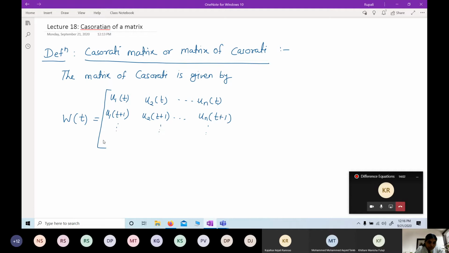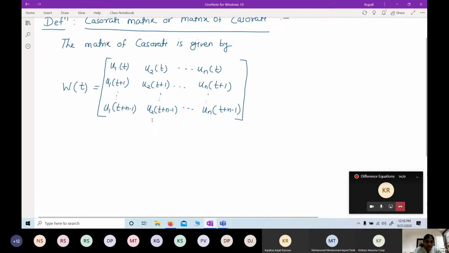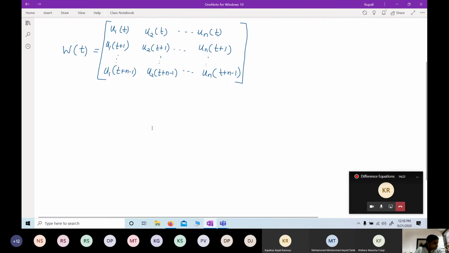The last row is u1(t+n-1), u2(t+n-1), ..., un(t+n-1). This matrix is called the matrix of Casorati, where u1, u2, ..., un are given functions.